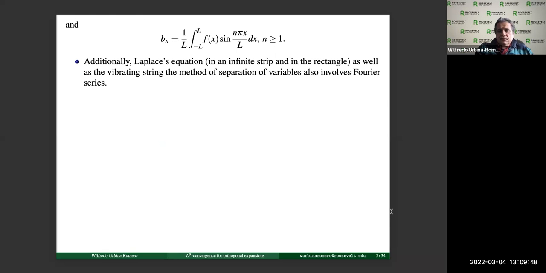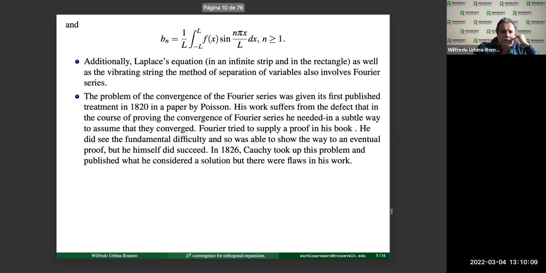Okay. Not only that, but if you consider, for instance, the Laplace equation and also the vibrating string, you get to a certain point where you need your boundary or initial value to be represented as a Fourier series. So then the problem of Fourier convergence arises, naturally.